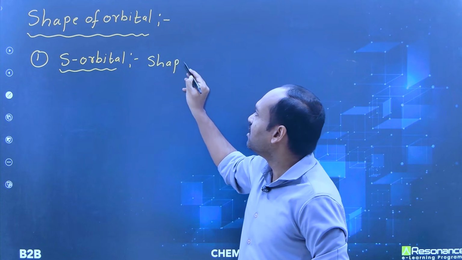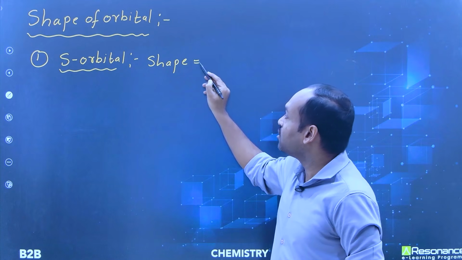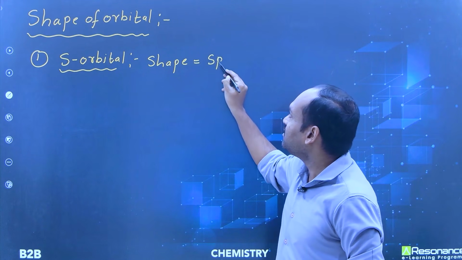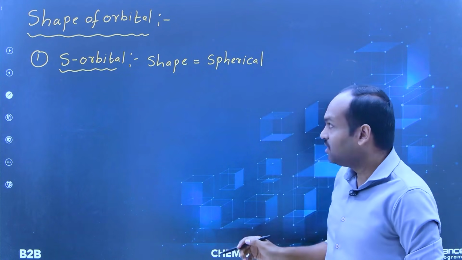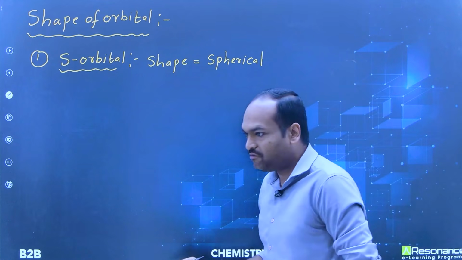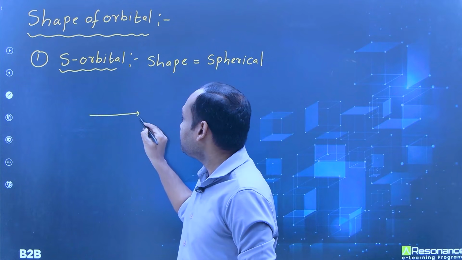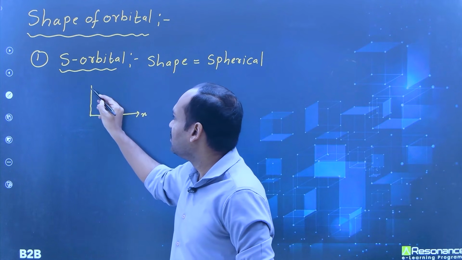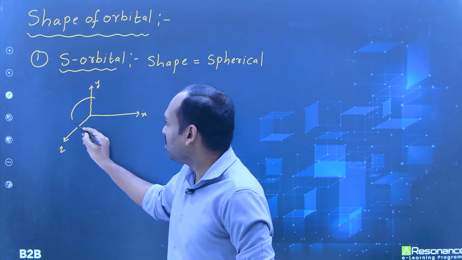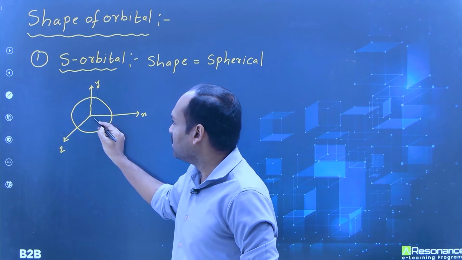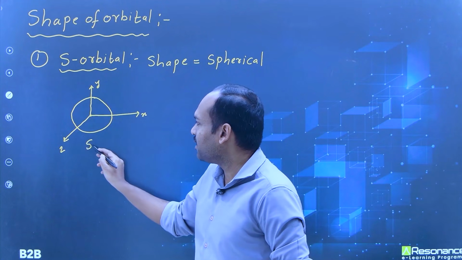Yesterday we discussed it also. The s orbital shape is spherical. If I draw it, suppose this is the x-axis, this is the y-axis, and this is the z-axis, then this region is the s orbital.